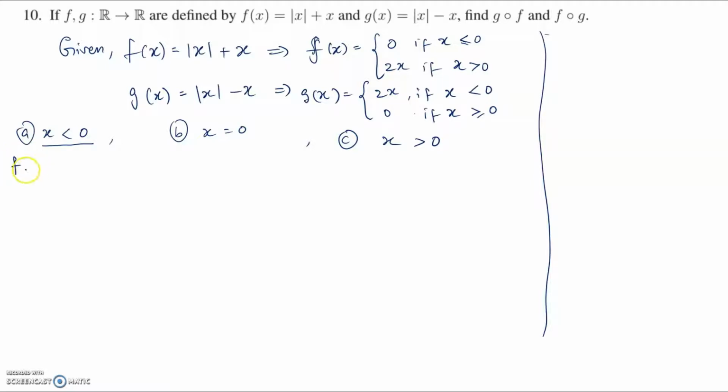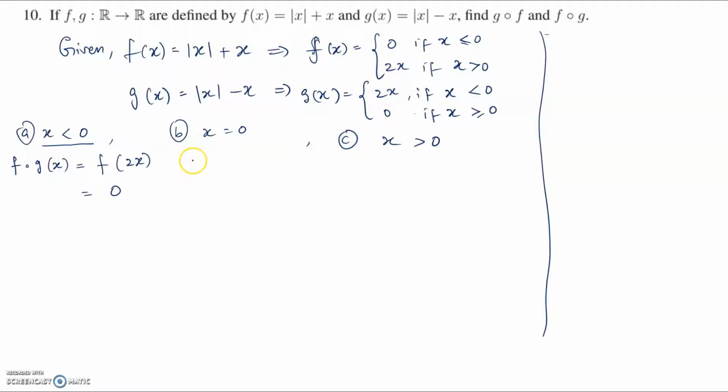So our f of g of x is equal to, when x is less than 0, your g of x is 2x. So it is f of 2x. Now f of 2x, since x is less than 0, we have to take the first condition, and in the first condition it says that it's equal to 0. So that's equal to 0.